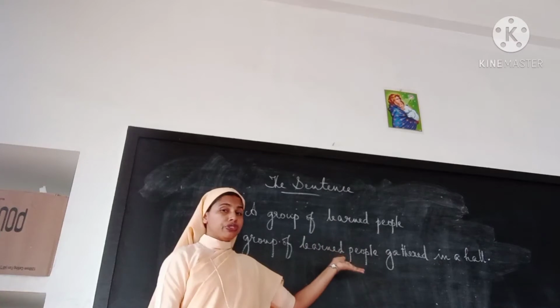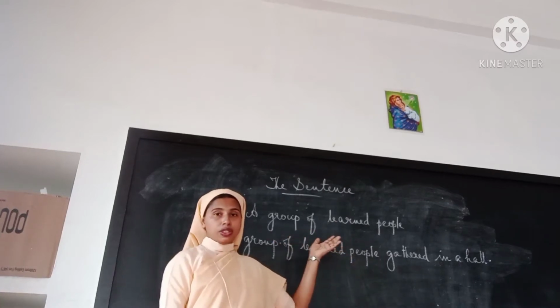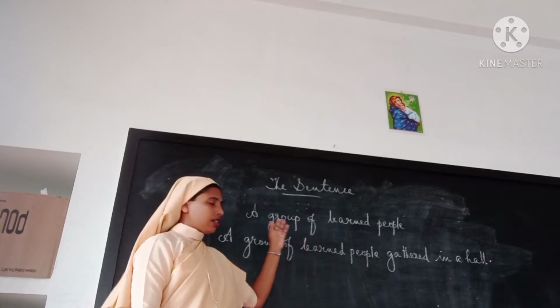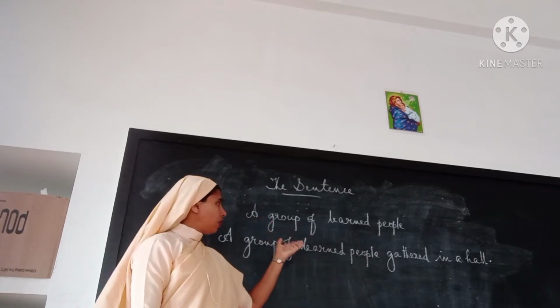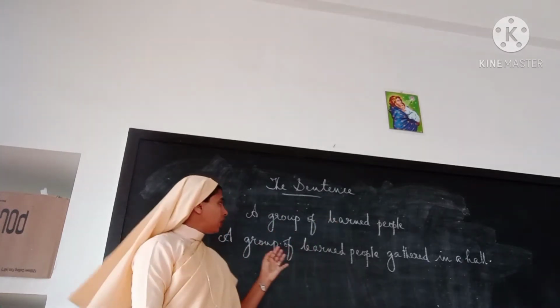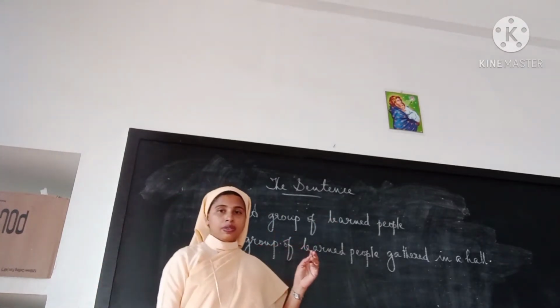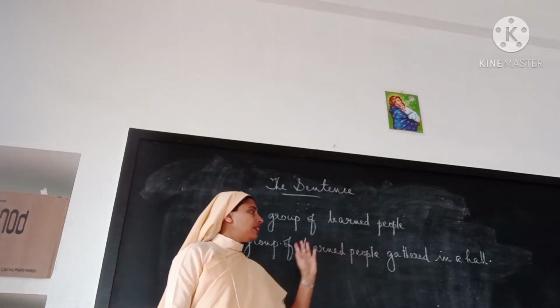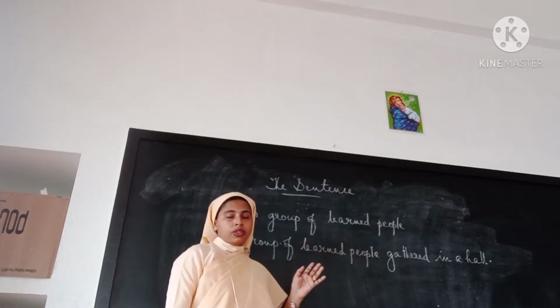A group of learned people, that's a group of words. For example, A is one word, of another word, learned another word, and people another. So there are 5 words in that. And here, a group of learned people gathered in a hall.